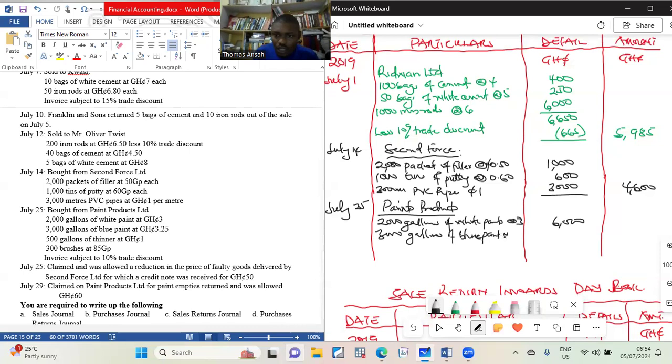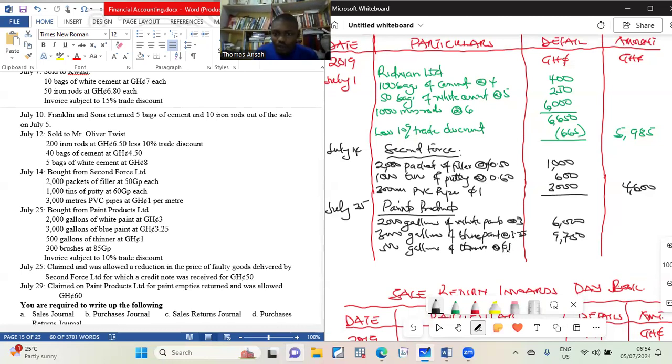The price is at 3.25. So 3,000 at 3.25. That is 9,750. Then we have 500 gallons of thinner.